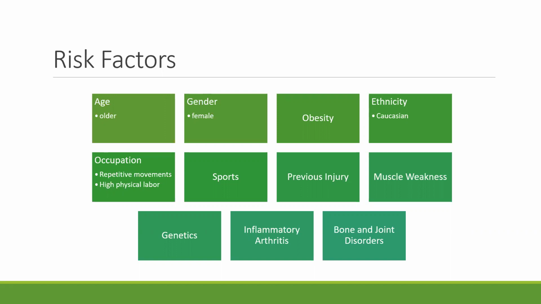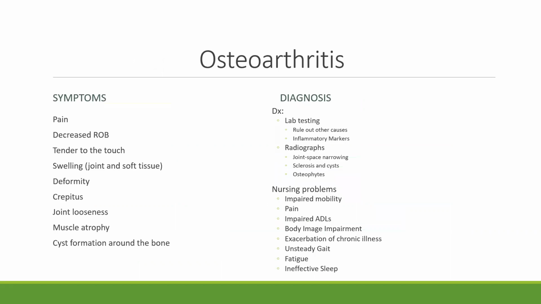Participating in different sports. Having previous injury. Having muscle weakness. There does seem to be a genetic link to osteoarthritis. Having another form of inflammatory arthritis is a risk factor, and having any bone and joint disorders.